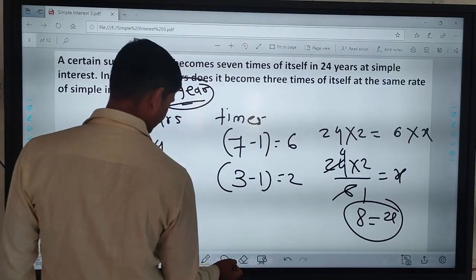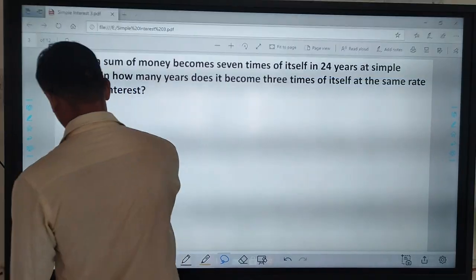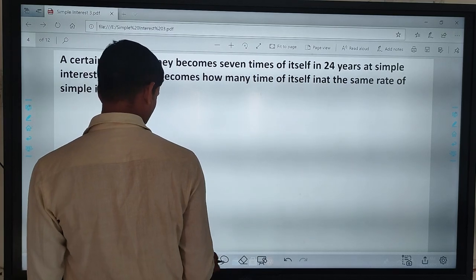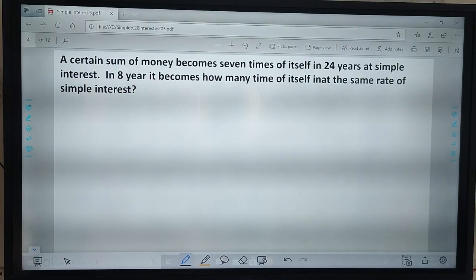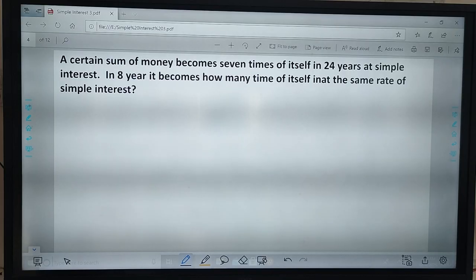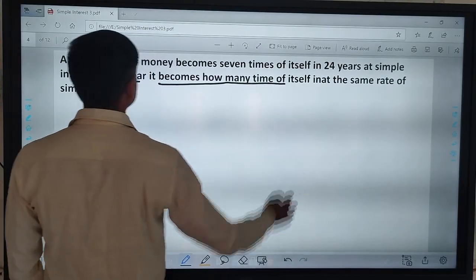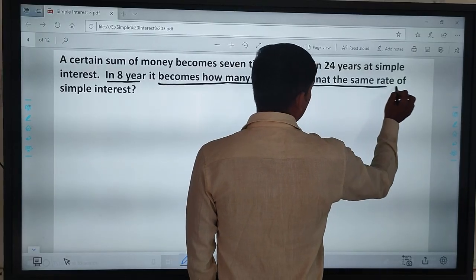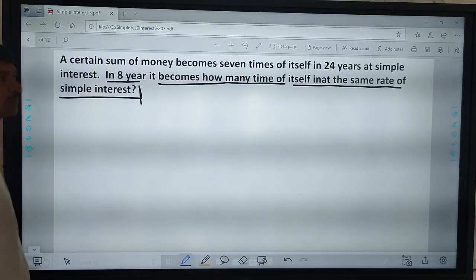Now next, a certain sum of money becomes 7 times of itself in 24 years at simple interest. In 8 years, how many times of itself does it become at the same rate of simple interest?